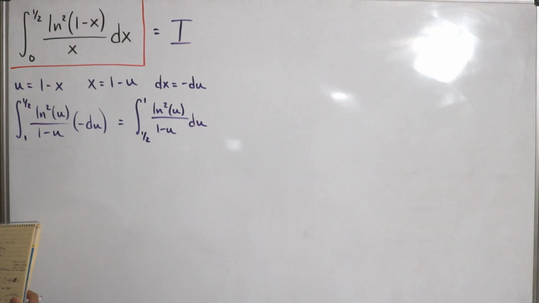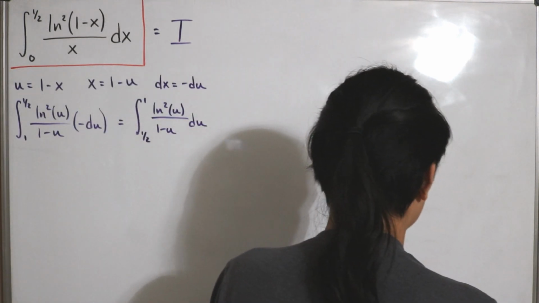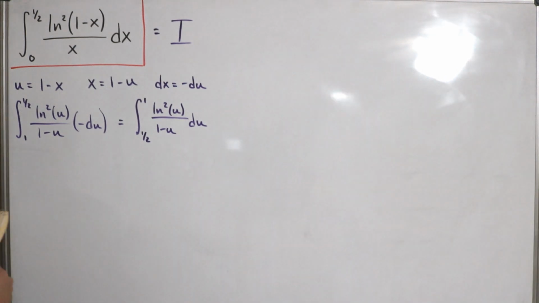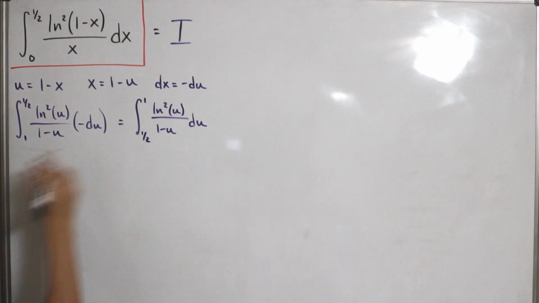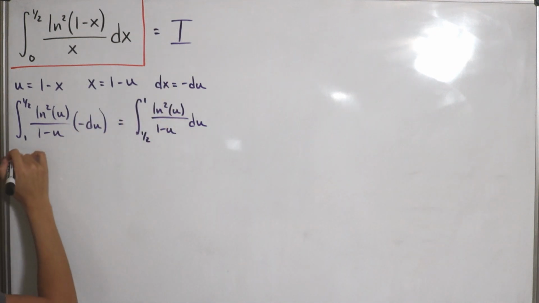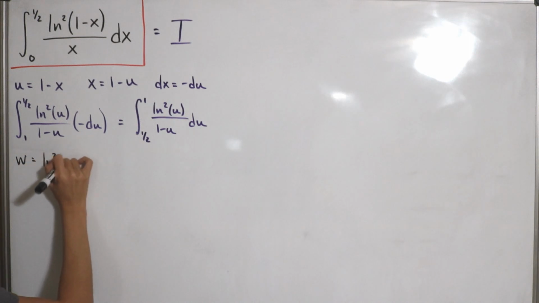As mentioned again, we'll be utilizing some integration by parts. As you can tell from here, we need to choose which function will be u and which function will be our dv. The easier function we'll use is, I'll actually call this variable w since we have a u. So we'll let w equal ln square of u.